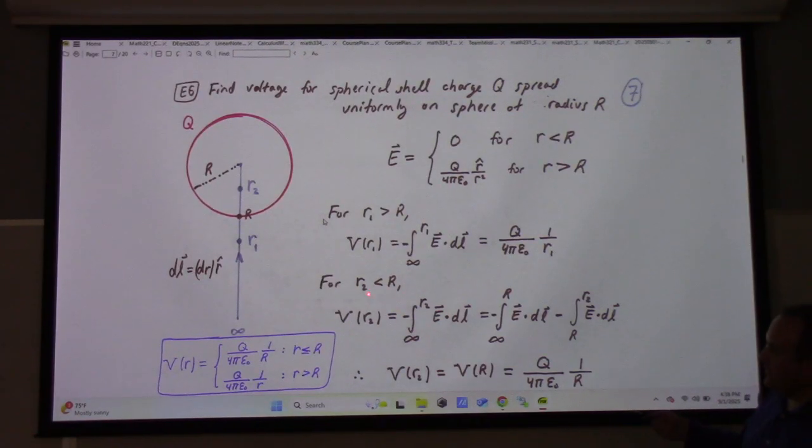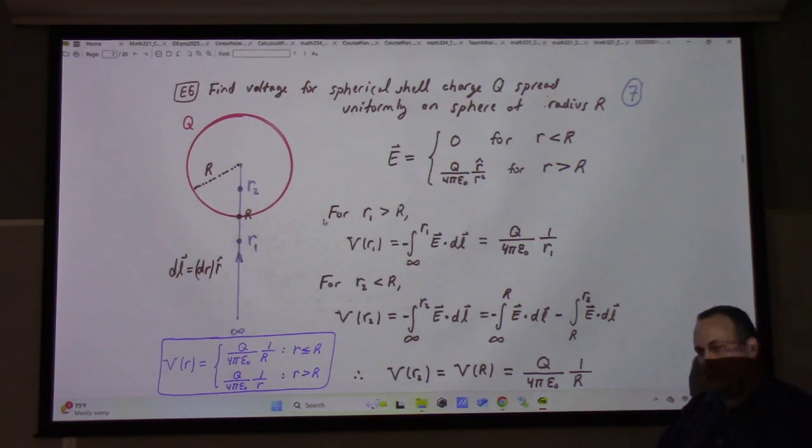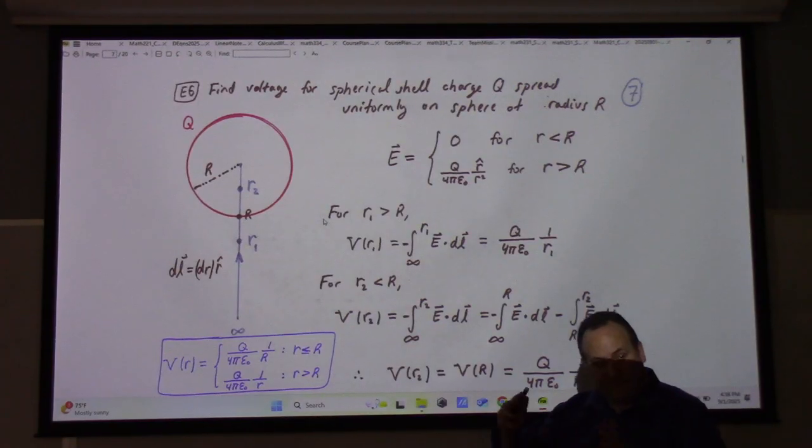But for R2 less than r, we integrate from out here to r, and then from r to R2. But what's the deal from r to R2? There's no charge in here. By Gauss's law, inside that spherical shell of charge there is no field. This is very different from the uniformly smeared charge, where there is electric field inside.